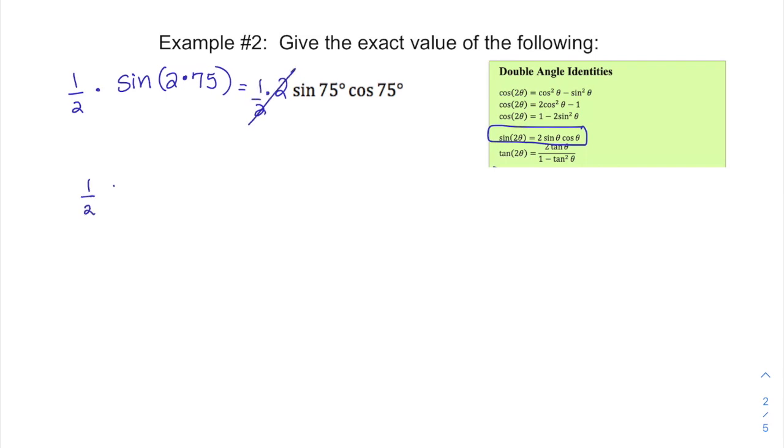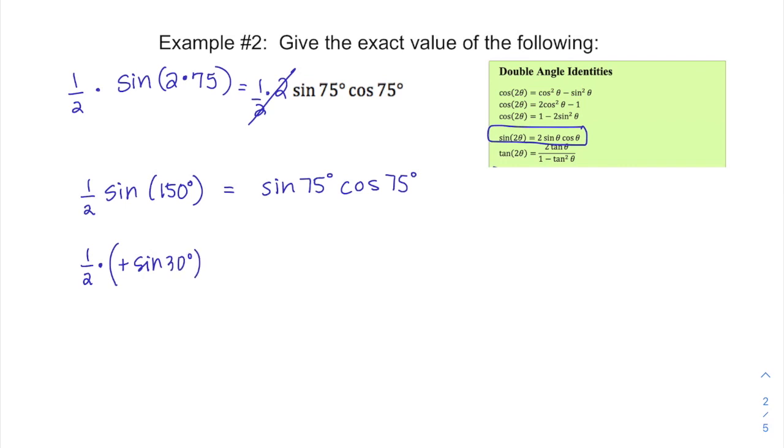So wouldn't 1/2 sine of 150 be equivalent to sine 75 cosine 75? Now the benefit of that is I know sine of 150. Sine of 150 is simply the positive version of sine 30. And if you look at your chart, that's 1/2 times sine of 30 is also 1/2. So I get positive 1/4.